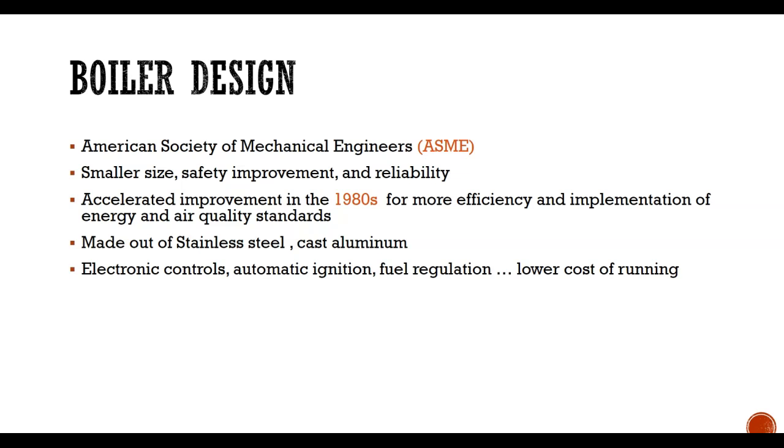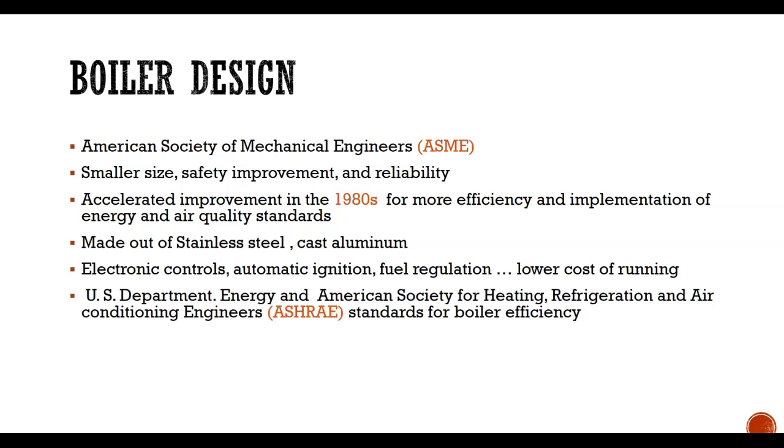That is huge. For a non-condensing boiler, you get an efficiency of 75 to 80 if you're lucky. Thermal efficiency is how much heat we absorb in the boiler versus the heat that we're ejecting into the atmosphere. The U.S. Department of Energy and the American Society of Heating, Refrigeration, and Air Conditioning Engineers set the standards for boiler efficiency.